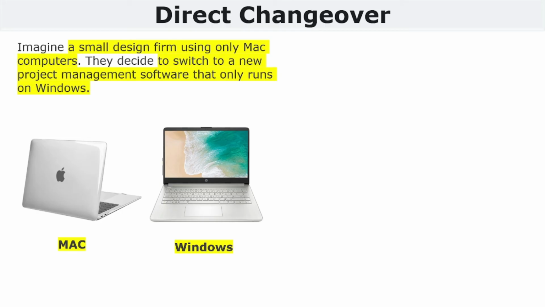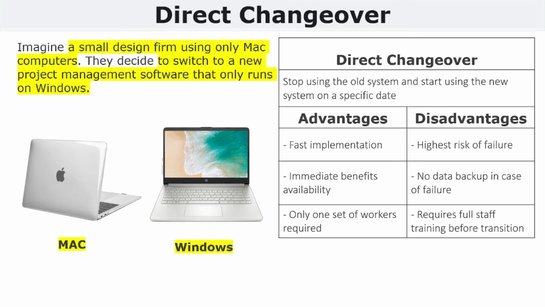Then in this case, there's a need to switch from Mac to Windows, and the user interfaces are not the same. So obviously there's going to be some form of challenge when you are moving from one platform to the other. So when we talk about direct changeover, it simply means you stop using the old system and you start using a new one on a specific date.